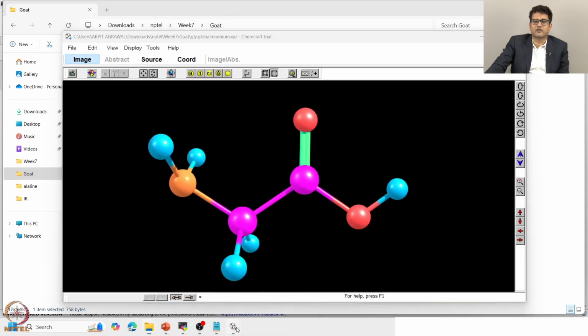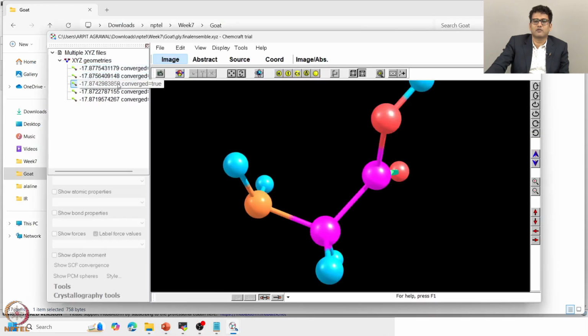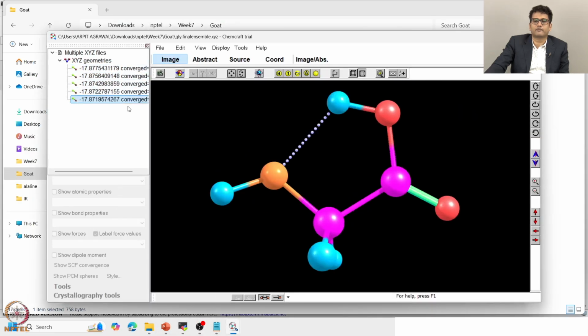And if you want the other structures also, you can see them from the other Chemcraft version. This is particularly helpful if you want various kinds of configurations for doing your calculations.